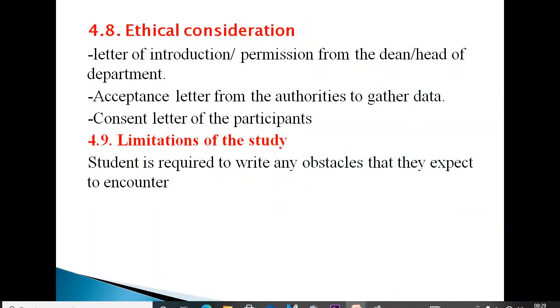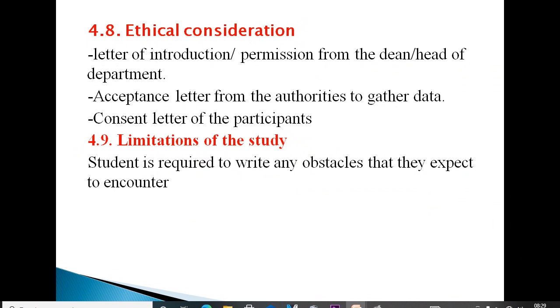Here, higher academic institutions require the researcher to have a letter of introduction or permission from the dean or the head of department, an acceptance letter from the authorities of the institution where he collects the data, and the consent letter of the participants in his research.